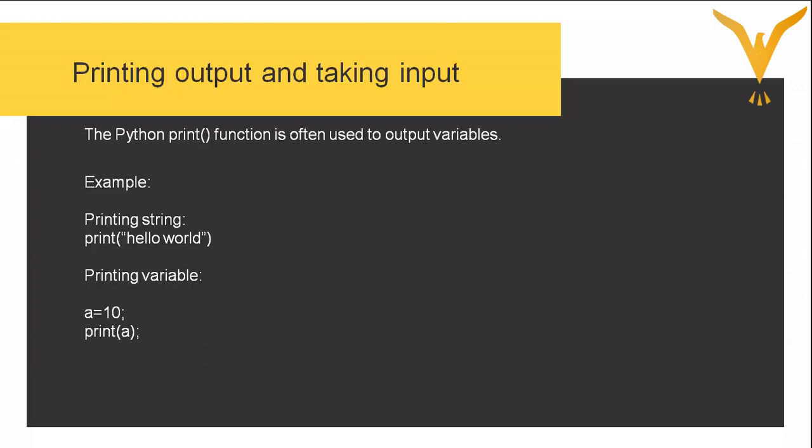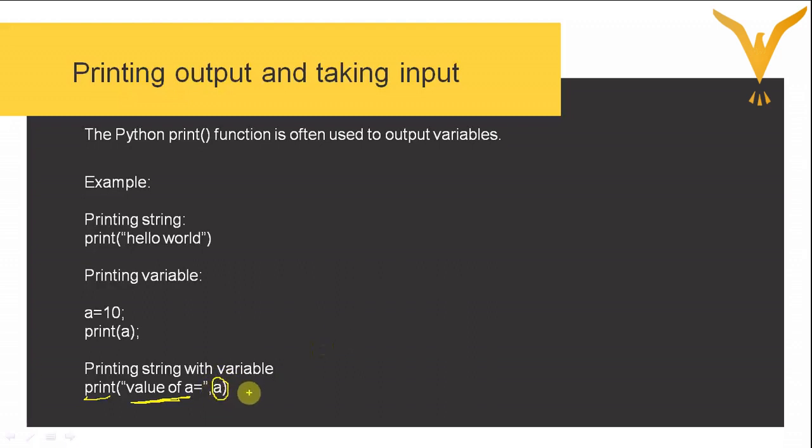If I want to print something like this, the value of a is equal to 10, that means now what I want to do is print a string as well as the value of a. Okay, so I want to print a string along with the variable value. So what I will write here is: print, followed by a string that I want to print on a screen, and the variable name whose value I want to print.